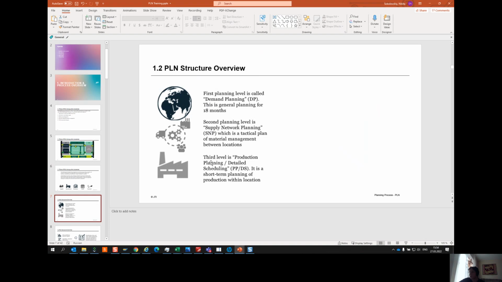And the supply planning level will manage the distribution of manufacturing needs, of purchasing needs between those 3 plants.